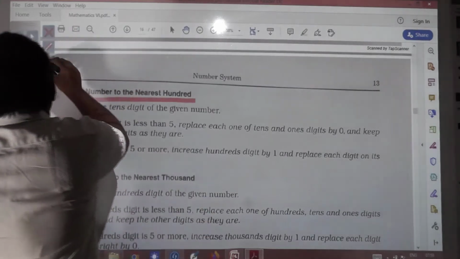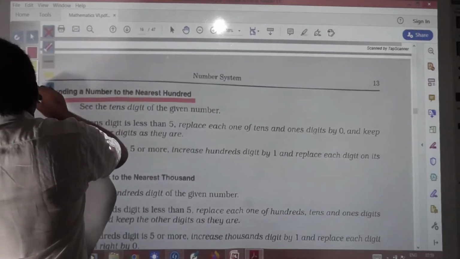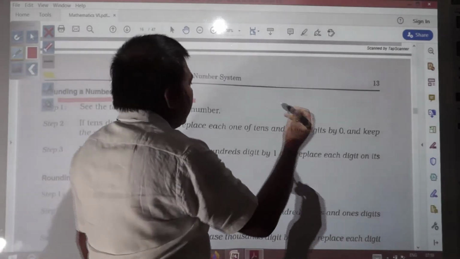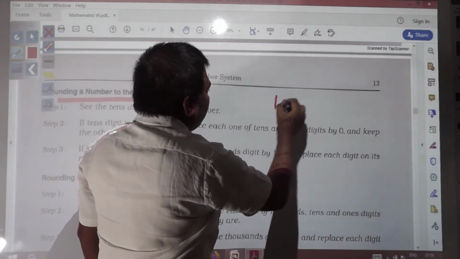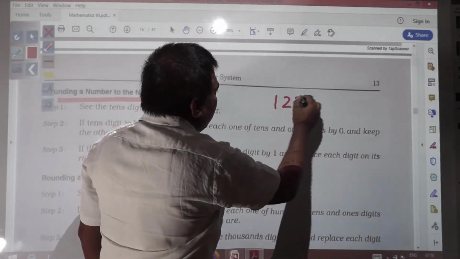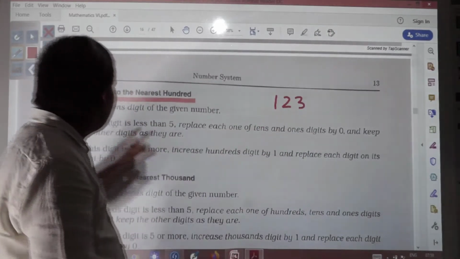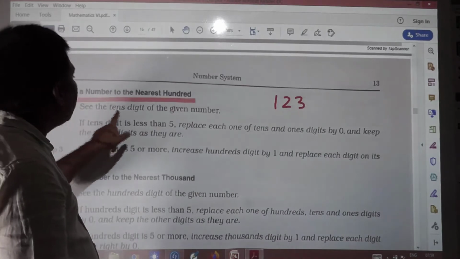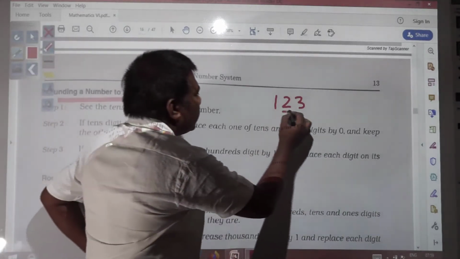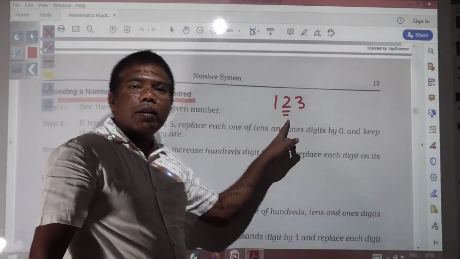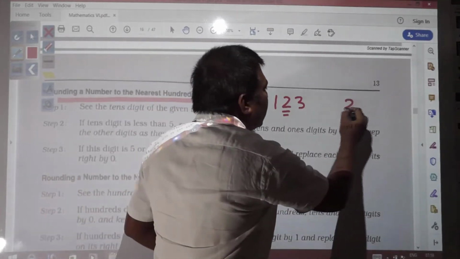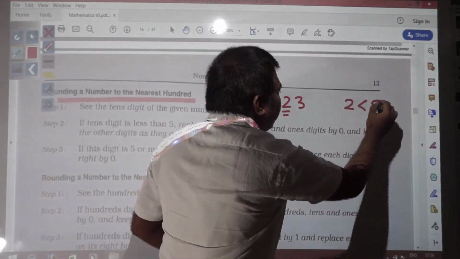So here we will see how we will do it. Suppose we take the number 123. You have to round this off. What needs to be seen? The tens digit of the given number. Here the tens digit is 2, and 2 is lesser than 5.